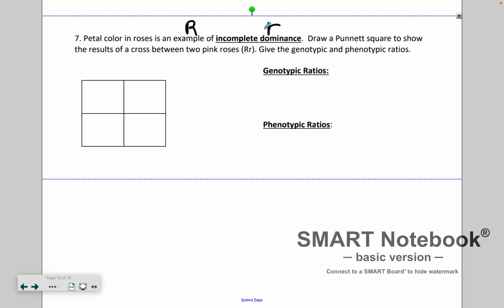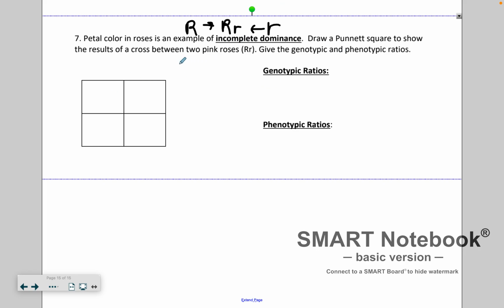But when you put them together, the phenotype doesn't match any of the parents. It's like a mixture of the two. So if I have a homozygous red snapdragon crossed with a homozygous white snapdragon, I'm going to end up with some pink flowers. Red mixed with white is pink.